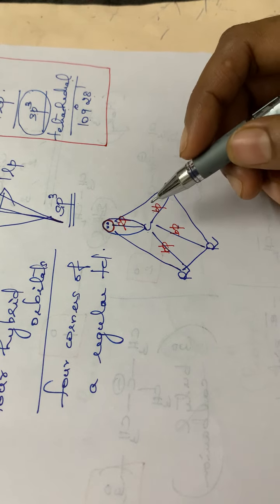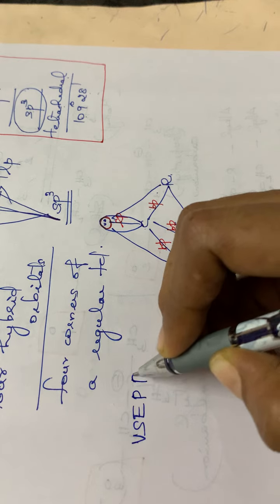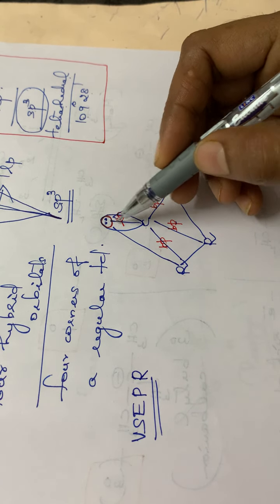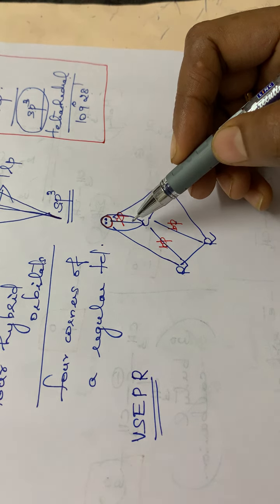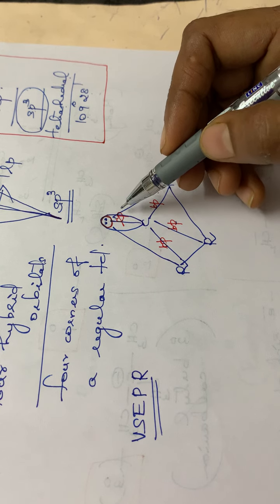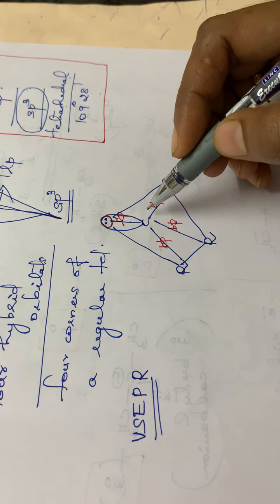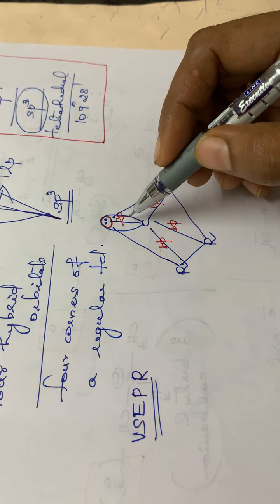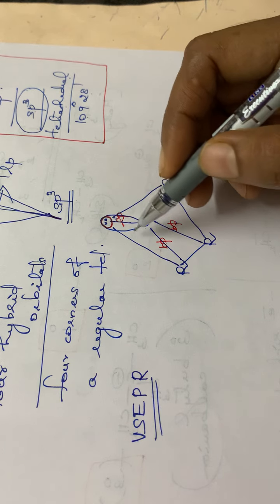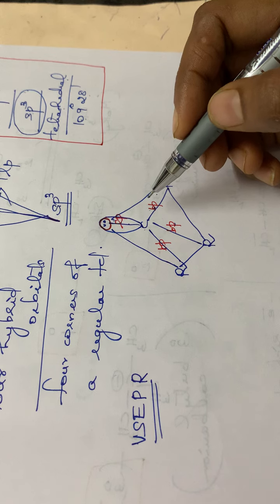You have seen the valence shell electron pair repulsion theory, VSEPR theory, isn't it? In VSEPR theory, it is said that if there is a lone pair of electrons, there will be somewhat of a distortion in geometry. Lone pair bond pair repulsion will be there, so this regular tetrahedral geometry will be somewhat distorted.